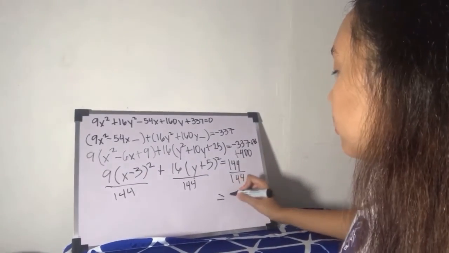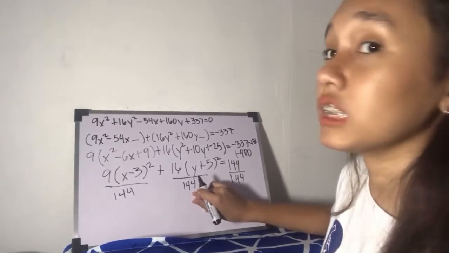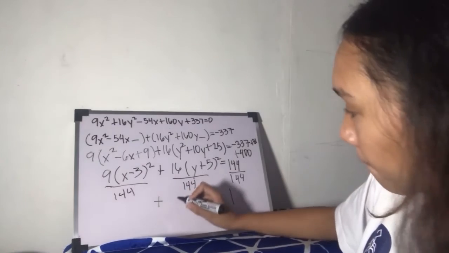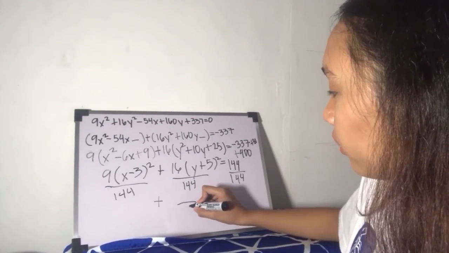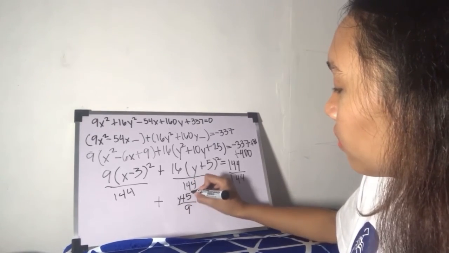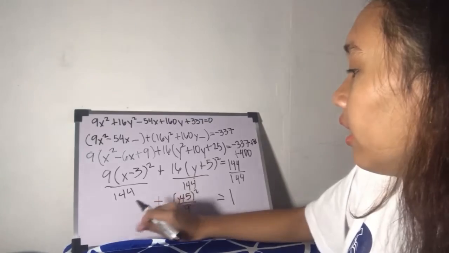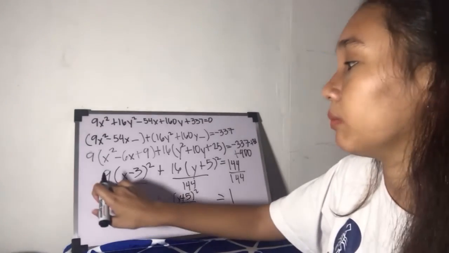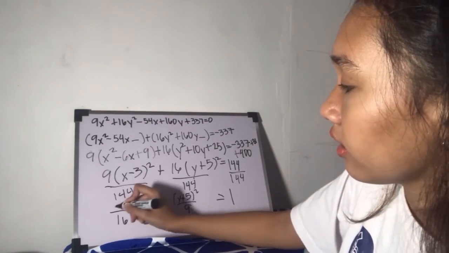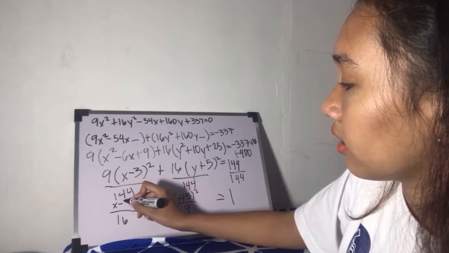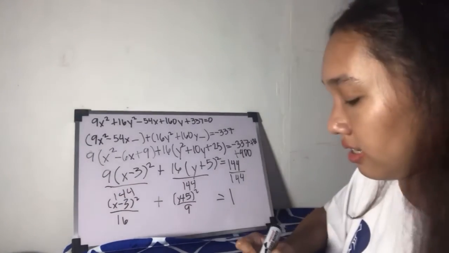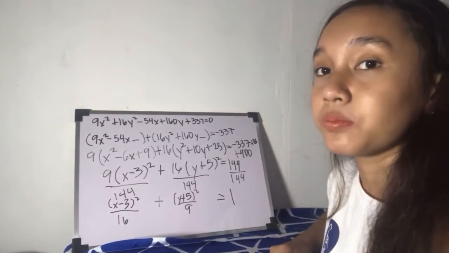This will be 1 equals 1. 144 divided by 16 is equal to 9, so that will be (x minus 3) squared over 9, and (y plus 5) squared, and 144 divided by 9 is 16, so that will be over 16. And that is the standard equation.